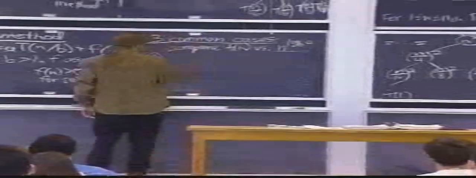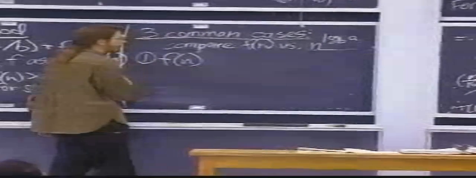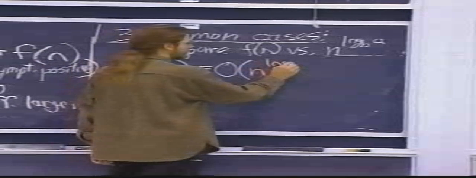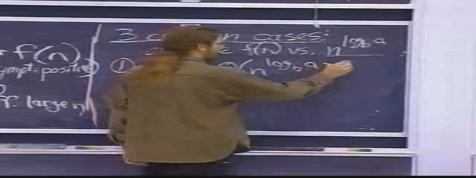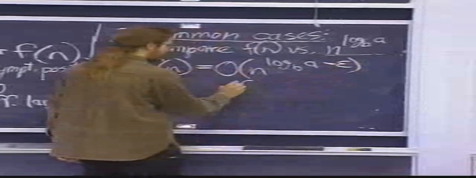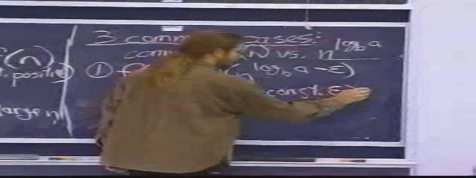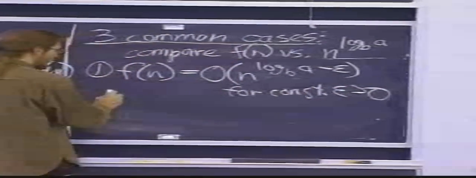So the first case is that f(n) is smaller. Now we mean a special thing by smaller. It has to be what's called polynomially smaller. This is what polynomially smaller means.